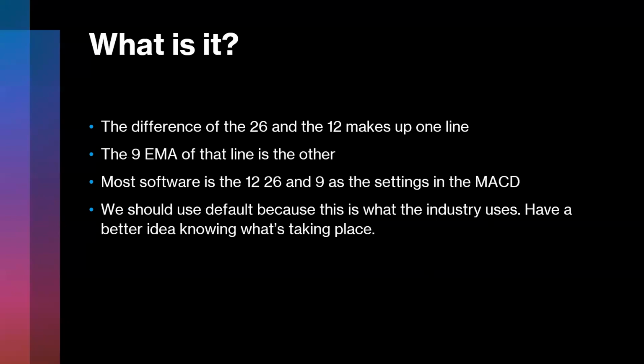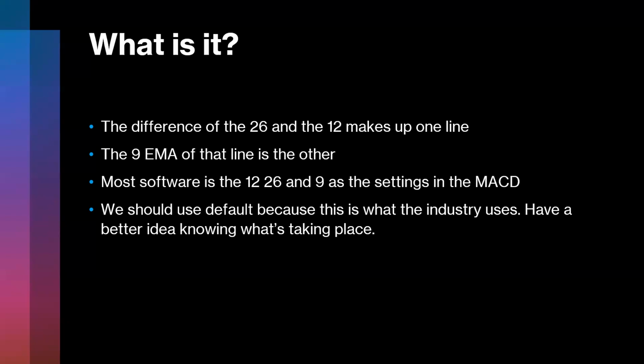So almost all charting software is 12, 26, and 9. Okay. You can fiddle with it, but I really wouldn't recommend it. And the reason why is that this is a widely used indicator in the industry, and almost everybody uses these same numbers. Okay. The algorithms are programmed with it. Every other floor trader, retail, me, well, I'm a part of retail, but we all use the same indicator.